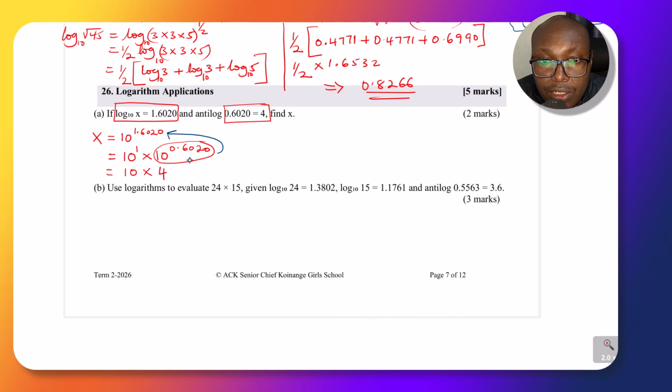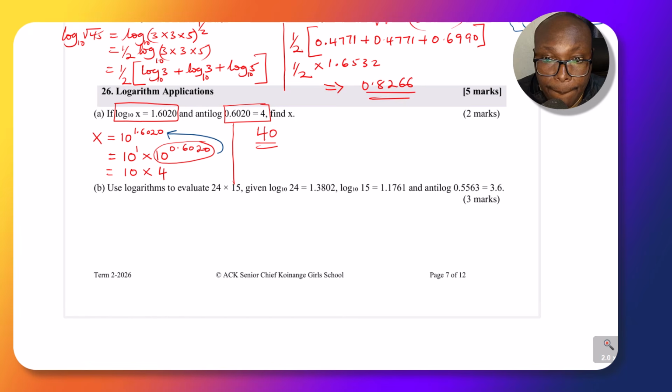Because you're finding x, that means we are supposed to get the antilog. So when you get the antilog of 10 to power 0.6020, that gives you 4. And now the solution will be 10 multiplied by 4, which is 40. So that is exactly how you're supposed to solve that question.